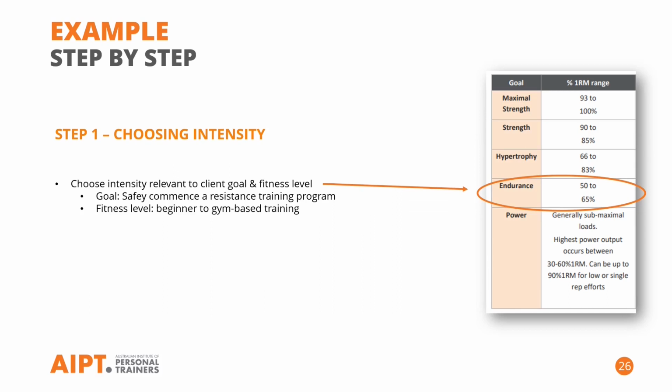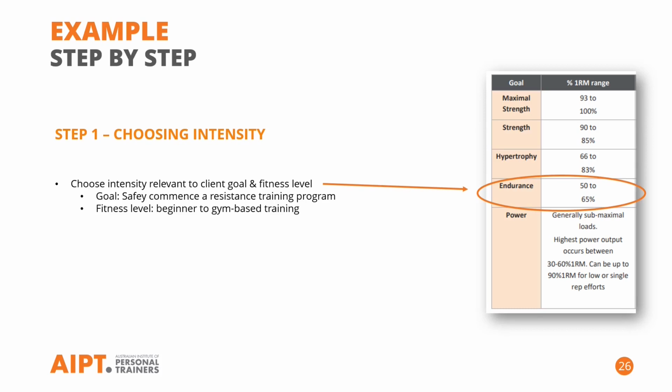But it would depend on the type or the number of the intensity you chose here. So at the lower end, 66% and up, it's very similar loads compared to endurance. But if you compare 66% to 83% 1 repetition maximum, that's a significant difference in the load being lifted. So perhaps the lower end of hypertrophy could be appropriate here.